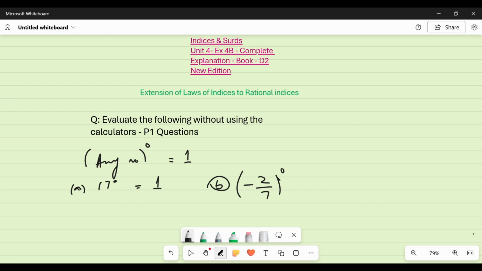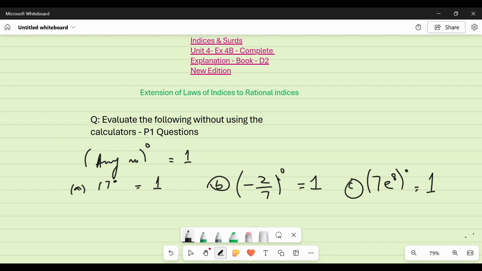So this whole fraction is equal to 1. Let's solve another one and then we jump to the next question. Here 7e to the power 8 and then 0. So this is also equal to 1.